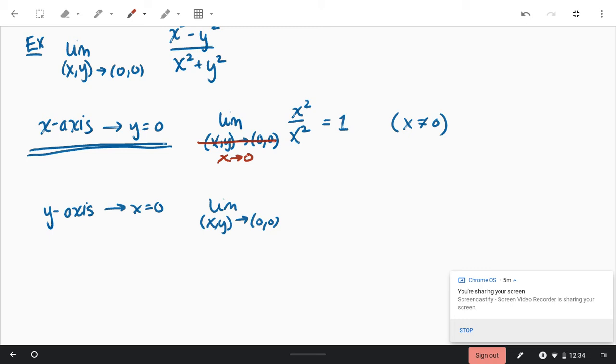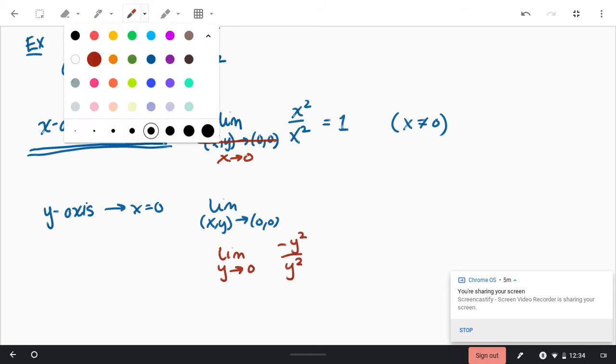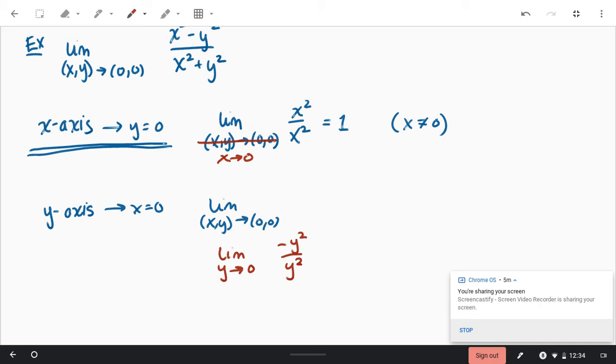So this one too, we could write the limit as y goes to 0, and our function would be negative y squared over y squared. You might see it either way, and it doesn't matter, since there is no x in the expression, so this is the same as this.